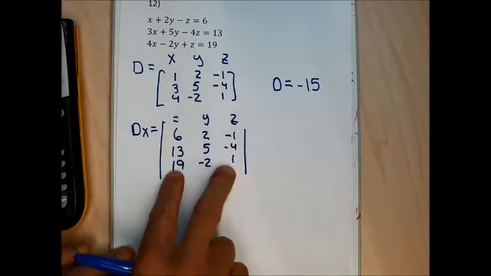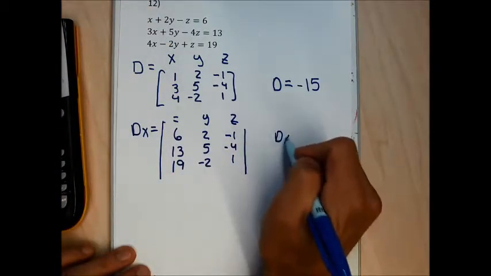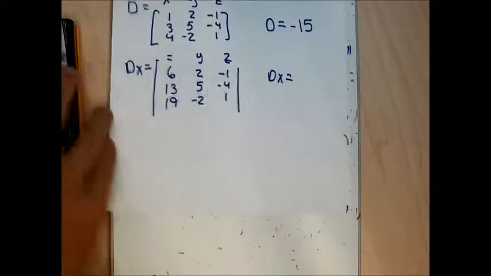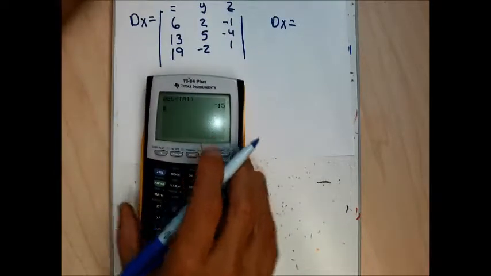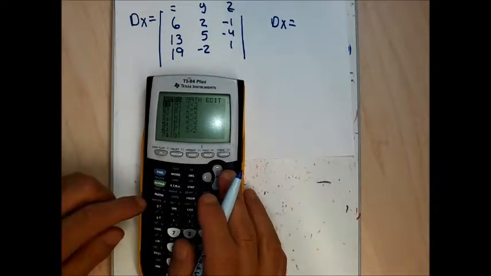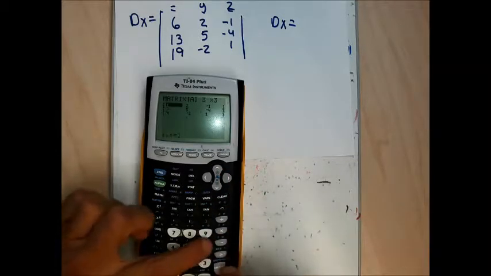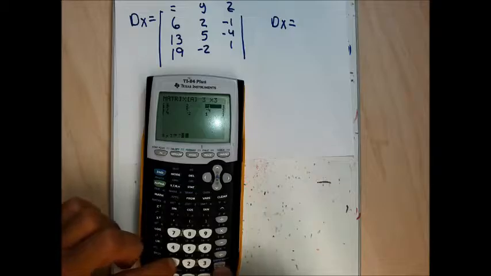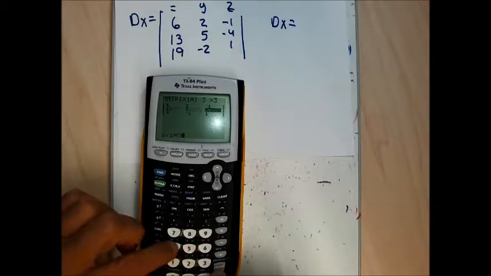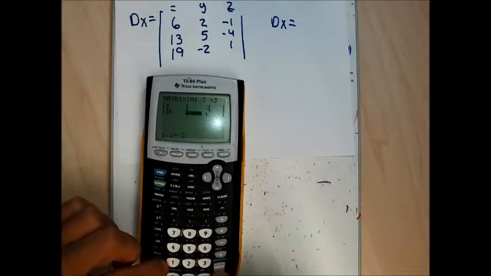I'm going to enter this and find its determinant real quickly on my calculator. It's another 3 by 3 matrix. I'm just going to put it right in matrix A again. If you're slick, you don't need to type the whole thing in. If you're not slick, you can just type the whole thing in like I'm doing.